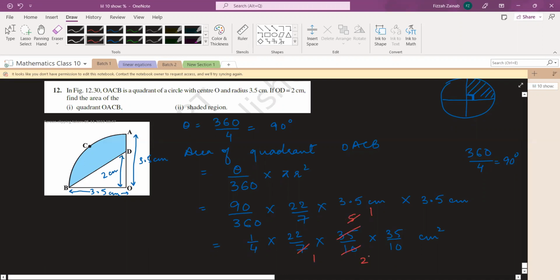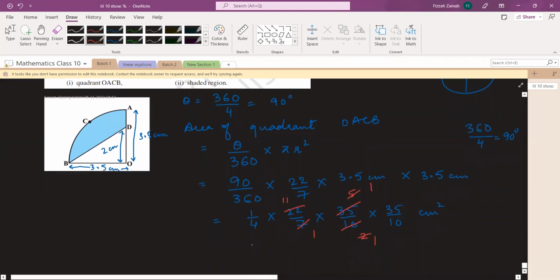Then 2 into 1 and then 2 into 11. Or if you don't want to disturb the 10, you could have divided by this 4 also. But anyway, no problem. So now what I am left with, in the numerator, I have 11 multiplied by 35, right?